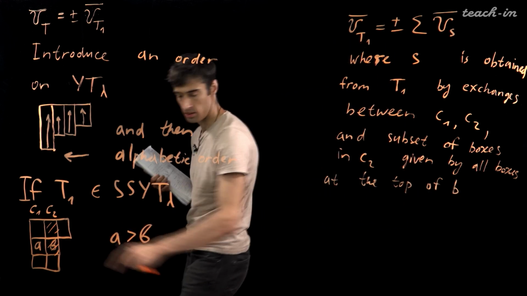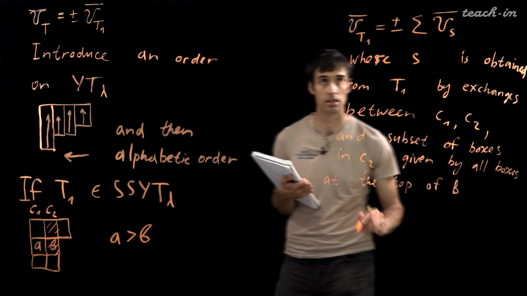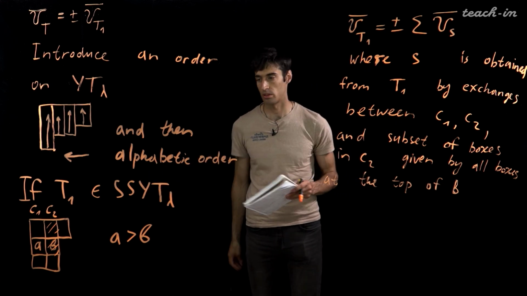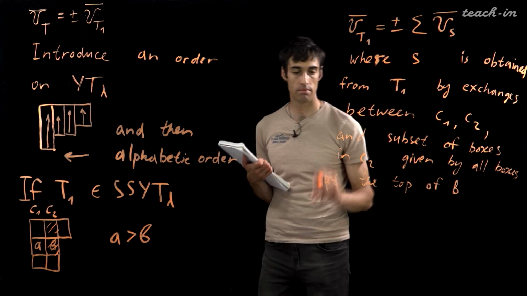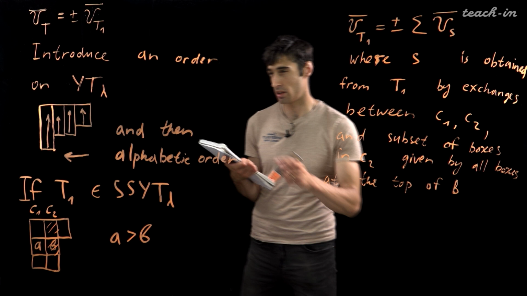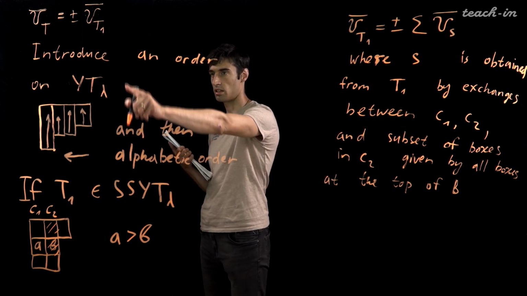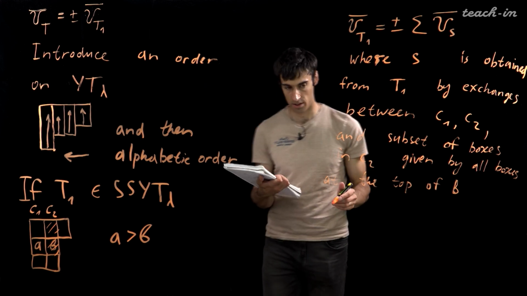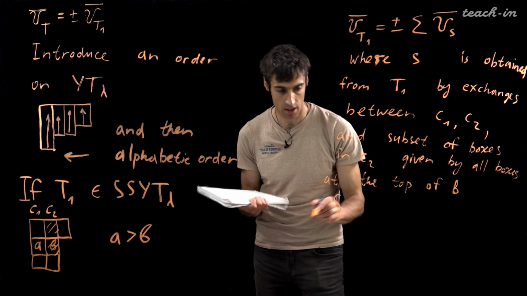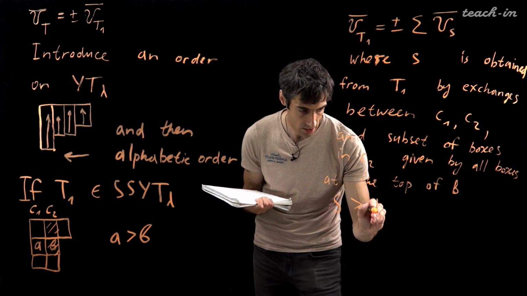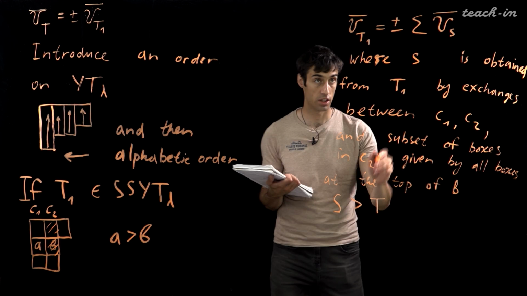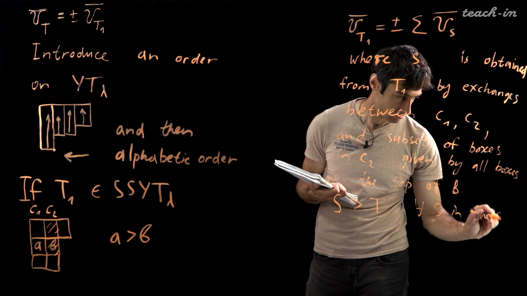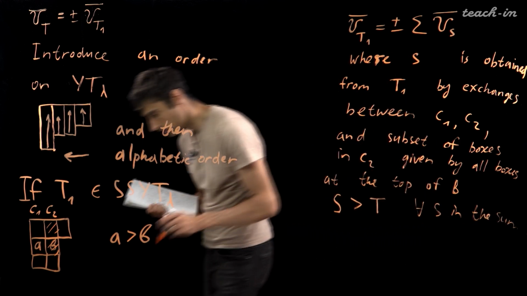So this B here, right? Anyways, it's harder to write down, I explained it on this. But in this sum, corresponding to the order that I introduced, we have that S is greater than T for each S in the sum. Okay.